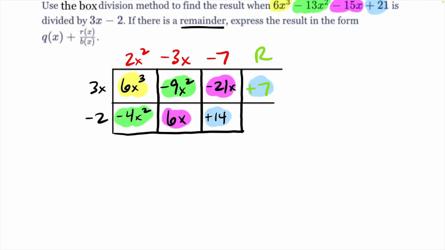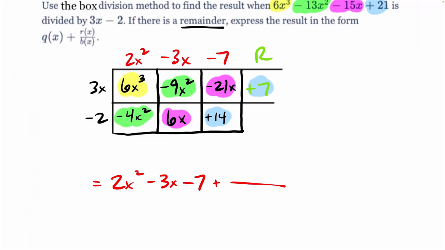Okay, so how do I write this? Well, the first part is going to stay the same. 2x squared minus 3x minus 7, right? But I had a remainder, and it said write it as a fraction. So this is how I'm going to do it. I'm going to say plus, and then I'm going to write a fraction.